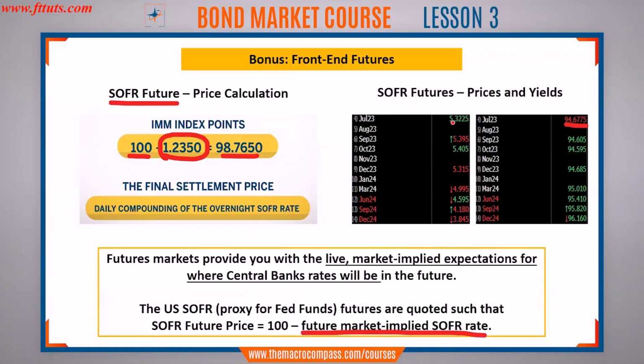And the future market implied SOFR rate indeed is 100 minus 94.67, which is 5.33. How this is useful is that the effective Fed funds rate at the date of recording is 5.08. Basically, the July contract is telling us that a full 25 basis point hike is effectively fully priced in.